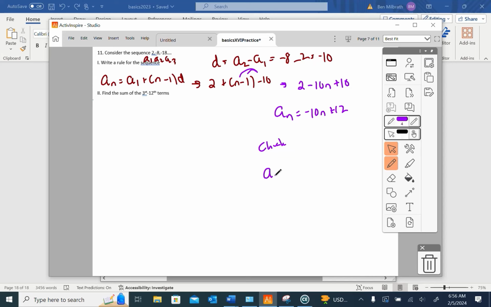If you want to find the second term, you plug a 2 in. And that would give you negative 20 plus 2. Which is weird. What's wrong with this?